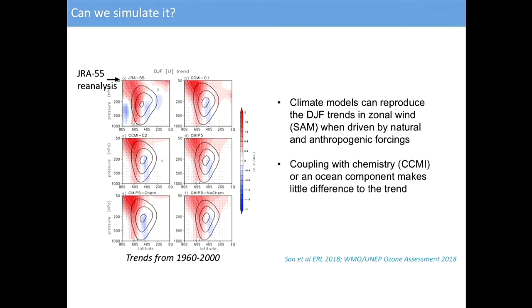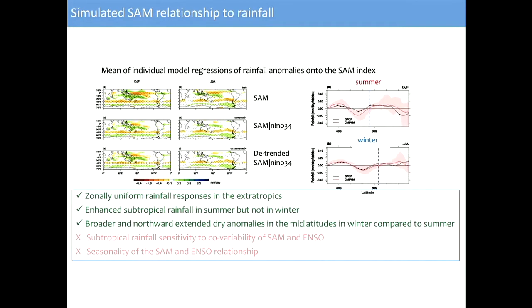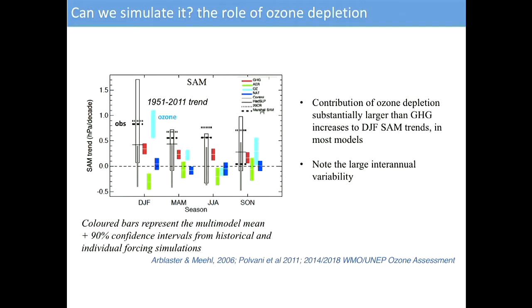This one was showing you all of natural forcings and anthropogenic forcings combined. We can simulate it. If we look at the individual forcings, this is a paper by Gillett et al., I think, looking at the SAM trends from 1950 to 2011, and all of the different colours are different forcings: greenhouse gases, aerosols, ozone, natural. The black bars are the observations.